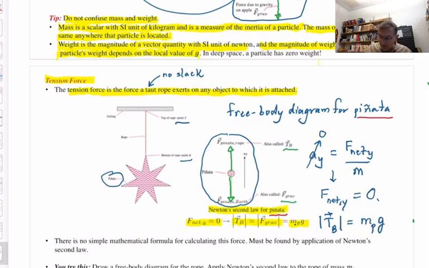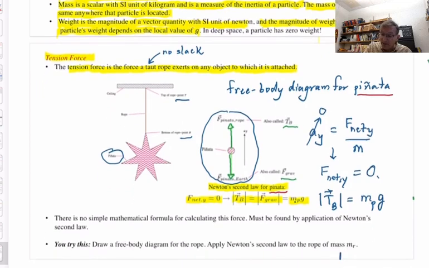So now let me emphasize a very important point about this force, the tension force. There is no simple mathematical formula for calculating the tension force. There's no canned formula that you can just go to, like you can for the magnitude of F grav. There's a canned formula for the magnitude of F grav: mass times little g.